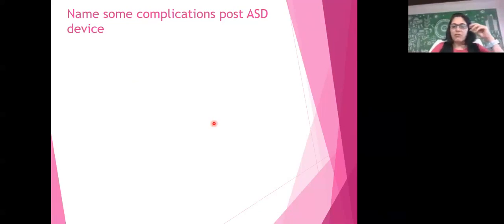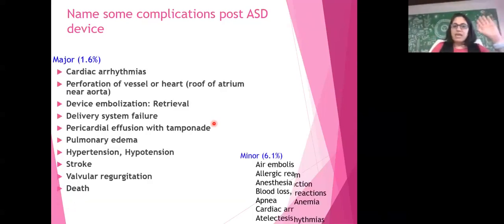So anything you can think of, putting a device in the heart, any complications. So heart block would be one. And if we see heart block, we immediately remove the device. Yes, anything else? Embolization, I told you. So there is a long list of possible complications.